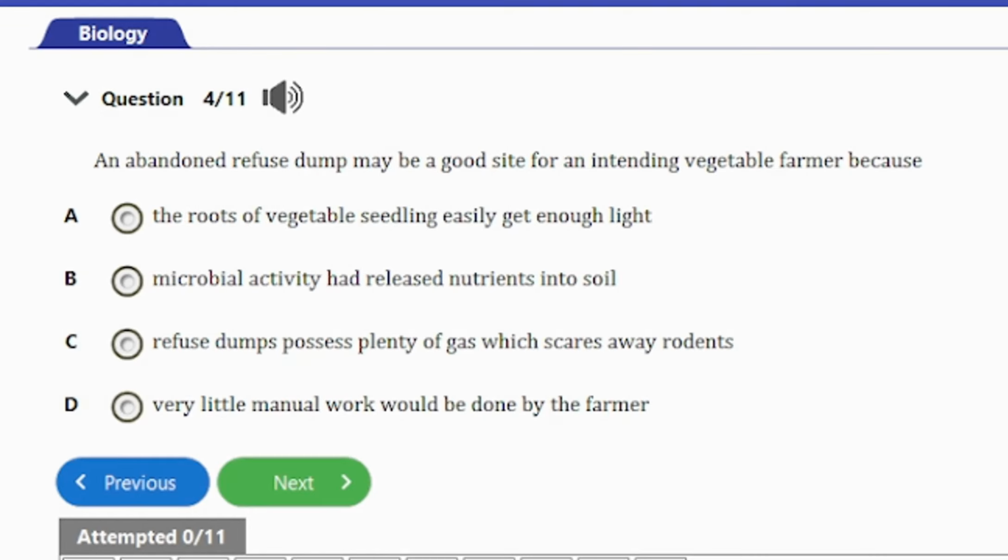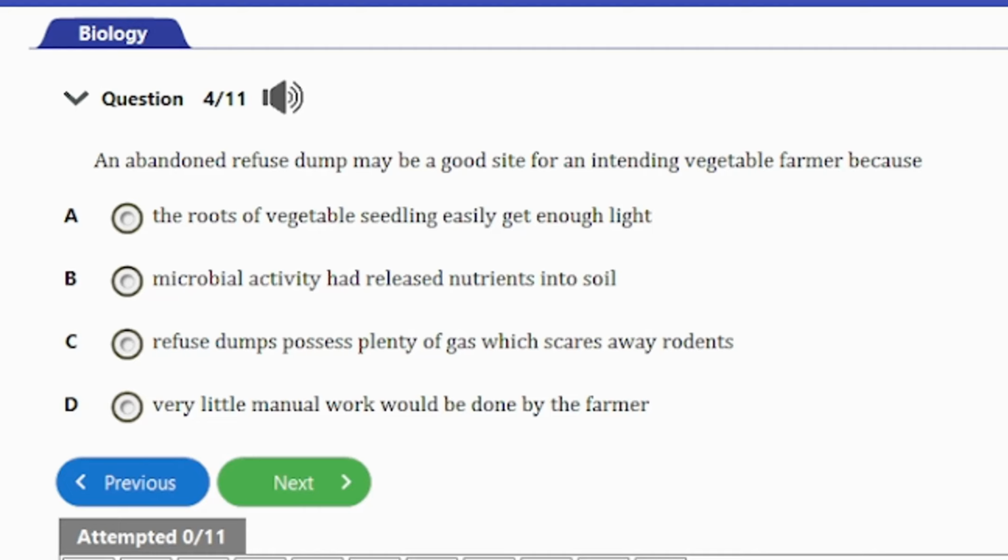Question number 4. It says, an abandoned refuse dump may be a good site for an intending vegetable farmer because A. the roots of vegetable seedlings easily get enough light, B. microbial activity has released nutrients into soil, C. refuse dump possess plenty of gas which scares away rodents, D. very little manual work will be done by the farmer.